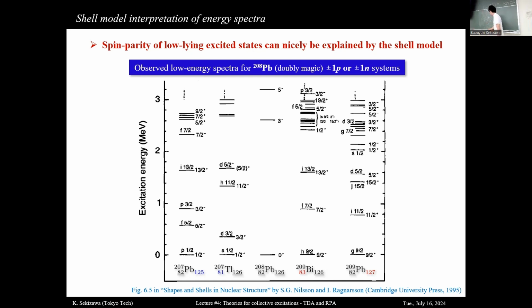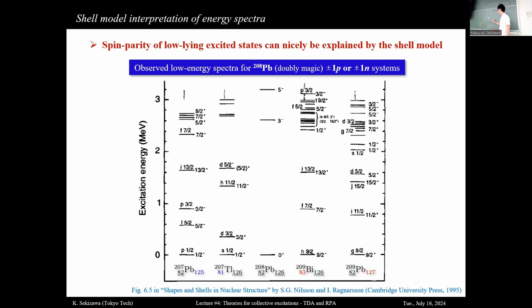And let's see one more. This is just an example. As a next possibility, you may consider exciting from this h11/2 to this s1/2. Again, you can expect the spin parity of this nucleus to be 11/2 minus, because h is the intruder state coming from the negative parity orbitals.